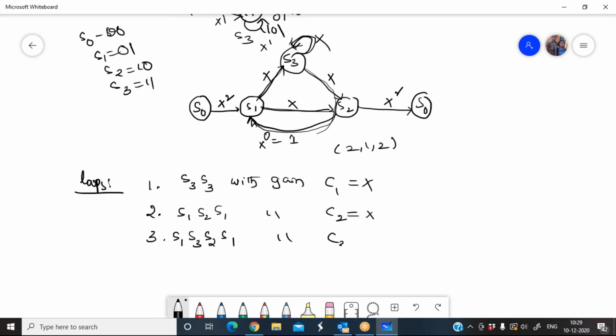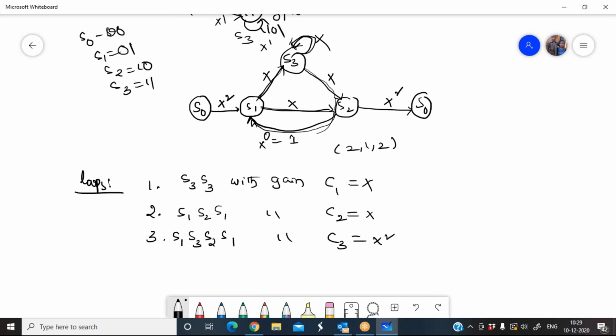So with the gain C3. Now tell me, what is the gain? X square or X cube? Square only. Okay.